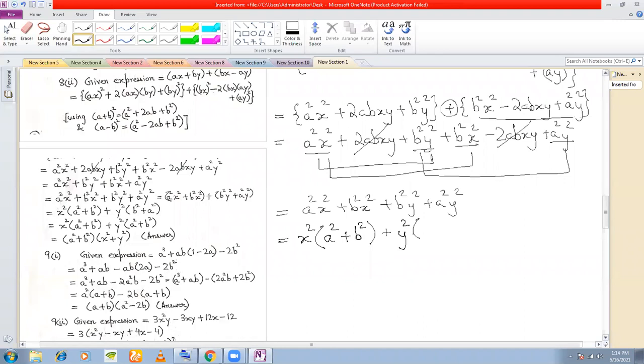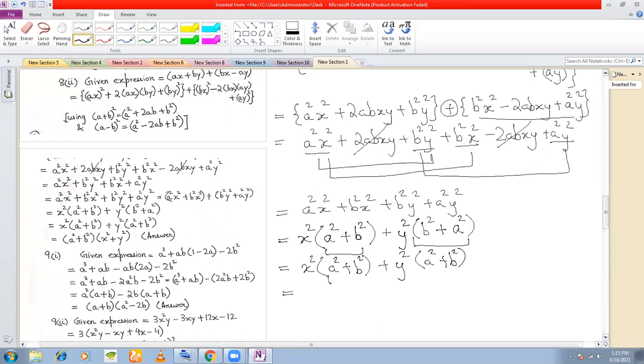You're dividing b square y square by y square, so you're simply left with b square. Plus, similarly here, you're only left with a square. So are these two the same now? Yes, they are the same. So let's write them. Let's write x square times (a square plus b square) plus y square times (a square plus b square).